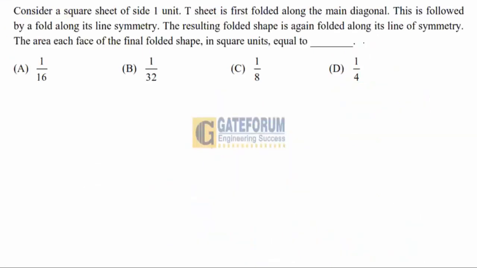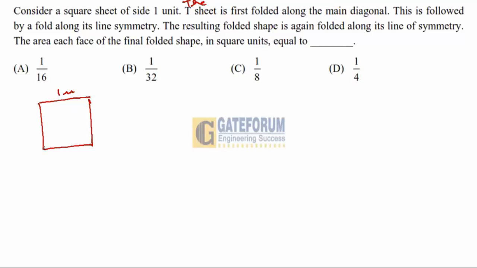Consider a square sheet of side 1 unit. Okay. A square sheet of side 1 unit. The sheet is first folded along the main diagonal.